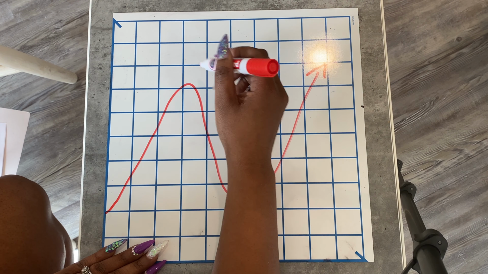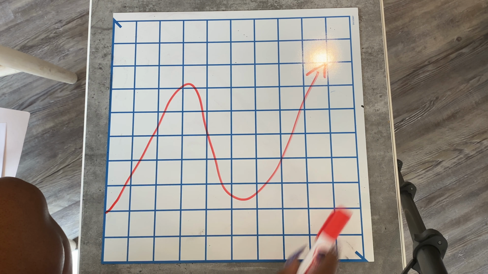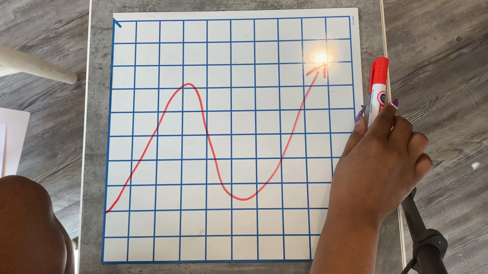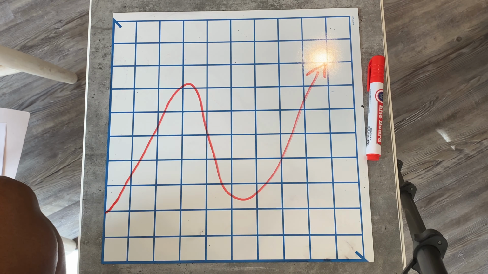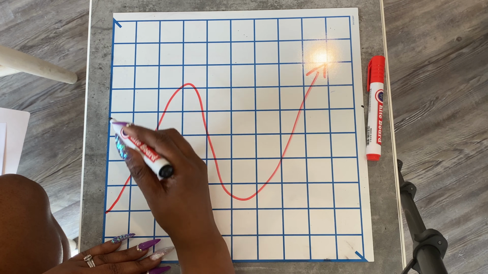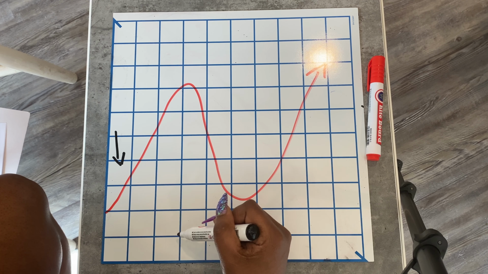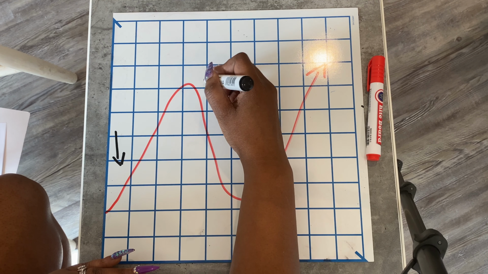So this part of the graph here, I want to look at what it's doing between here and 1, 2, 3, 4, and about here.